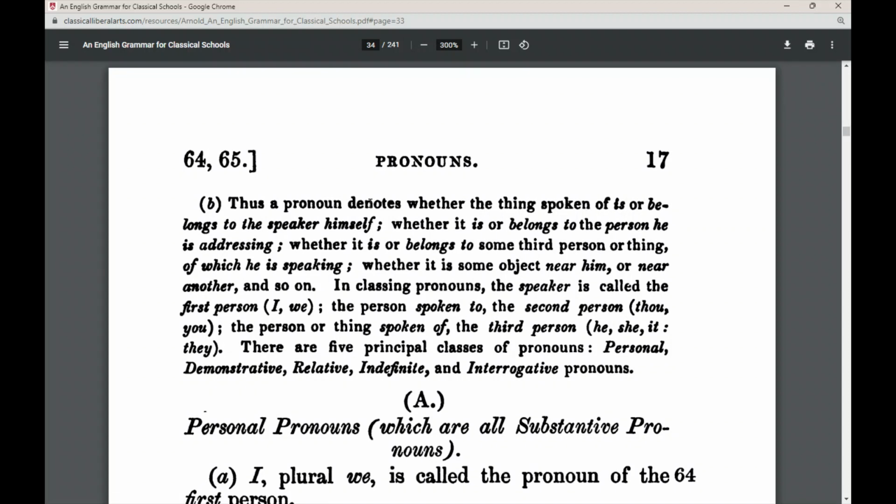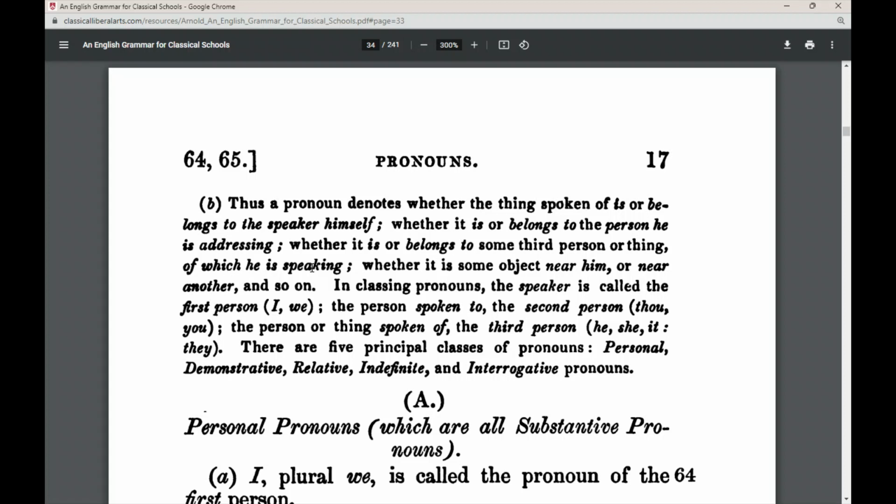A pronoun denotes whether the thing spoken of is the speaker himself or belongs to the speaker himself, whether it is or belongs to the person he is addressing, whether it is or belongs to some third person or thing of which he is speaking.